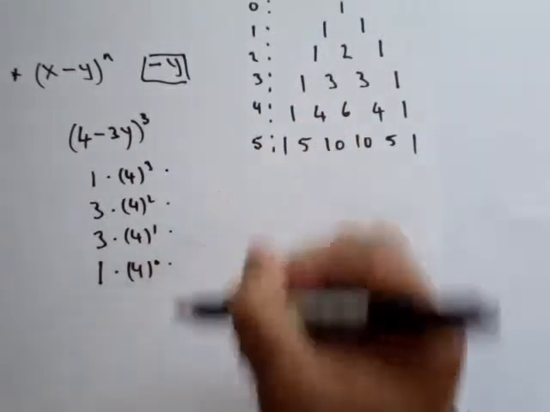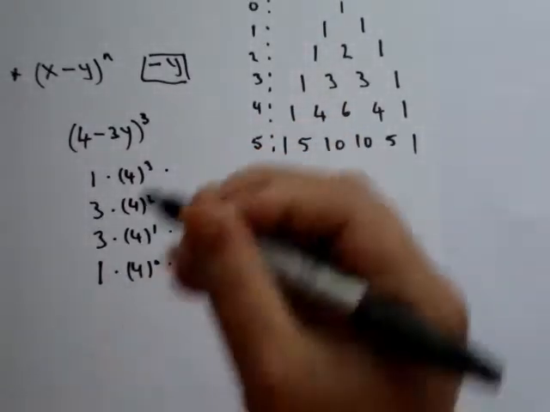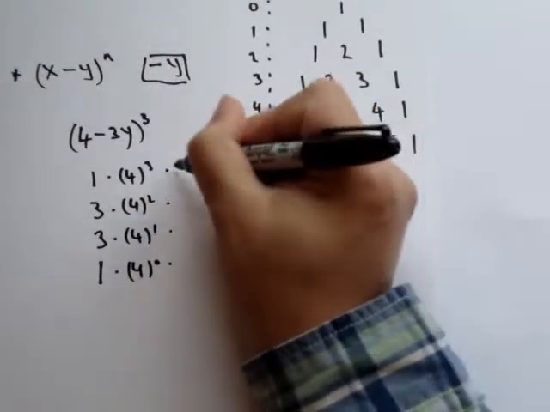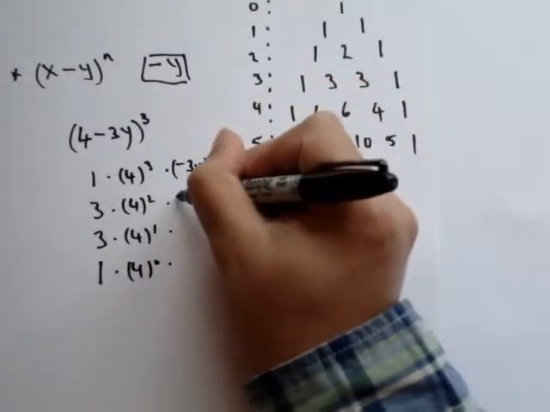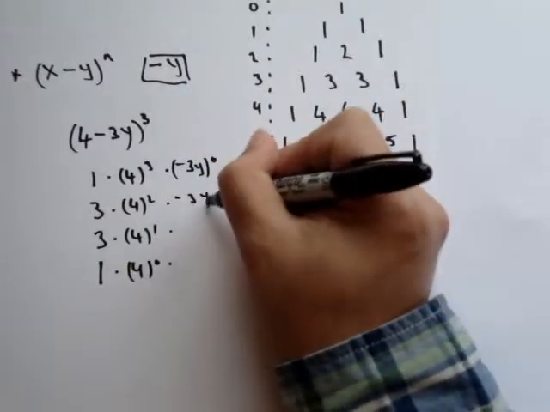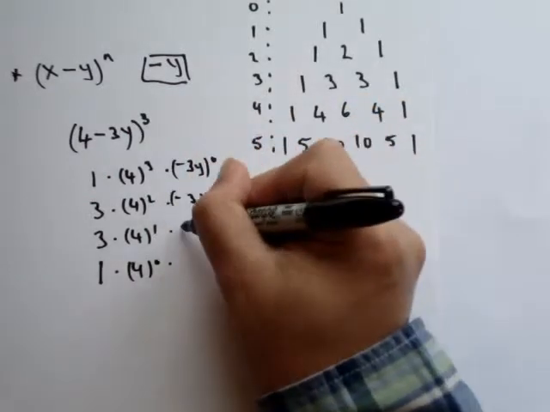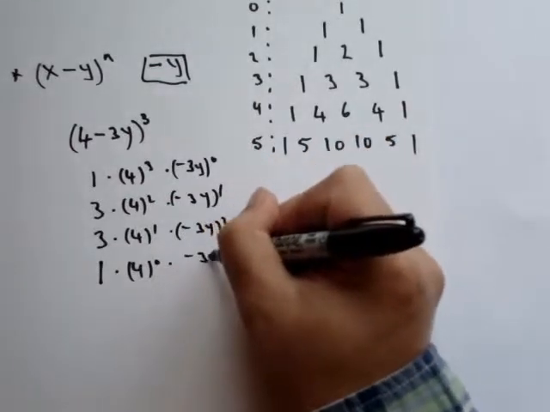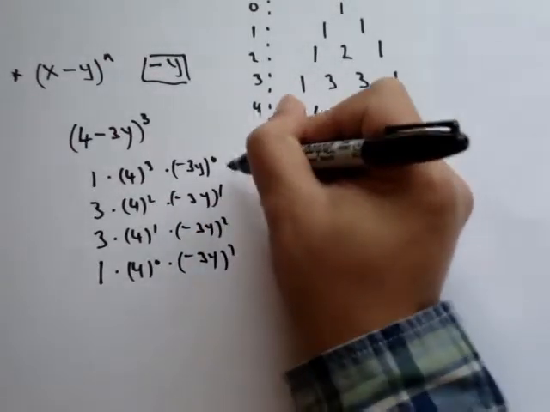And then we multiply this by our minus y, so this would be minus 3y to the 0, minus 3y to the 1, minus 3y squared, and minus 3y to the power 3.